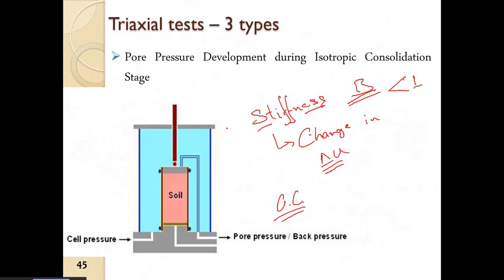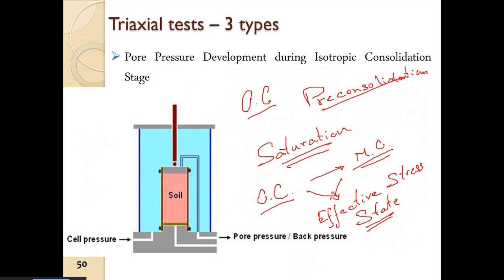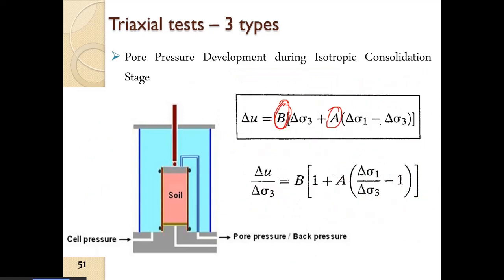So we ultimately came up to this slide where we saw that we have the B parameter and we have the A parameter.